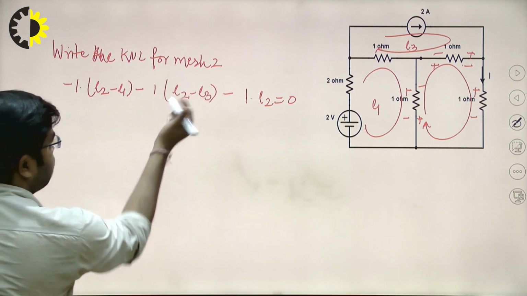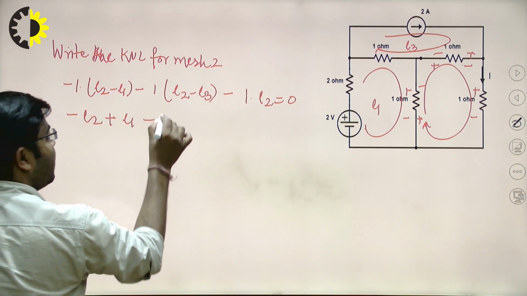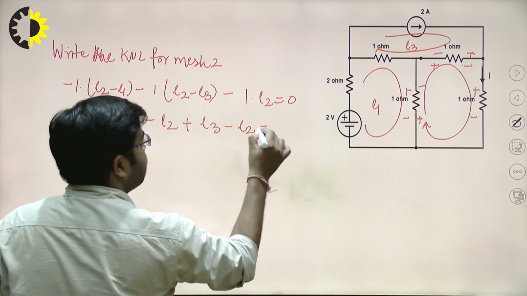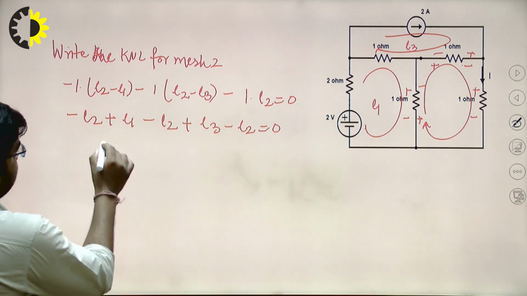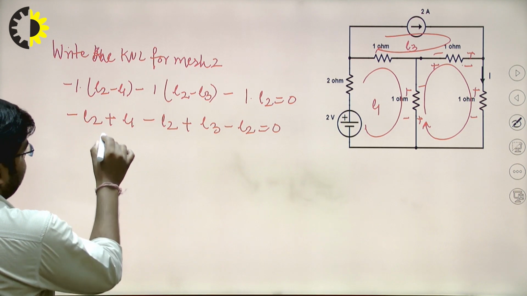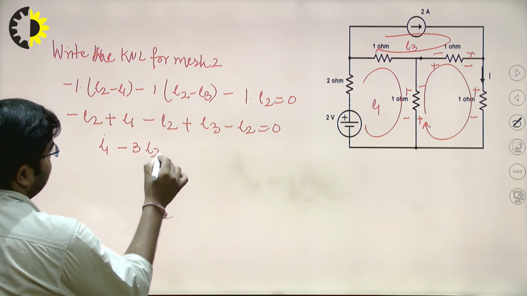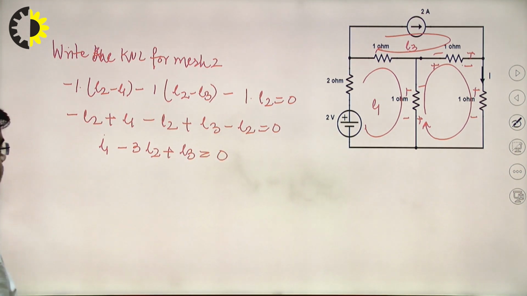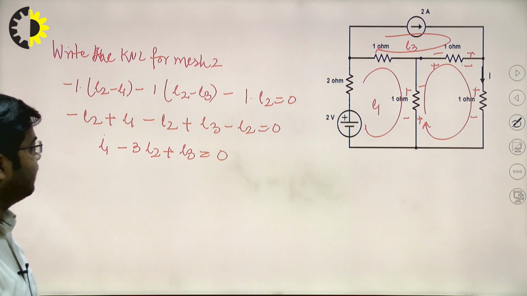Now rearrange this equation. So minus I2 plus I1 minus I2 plus I3 minus I2, that is equal to 0. So you can write I1 minus 3I2 plus I3, that is equal to 0.